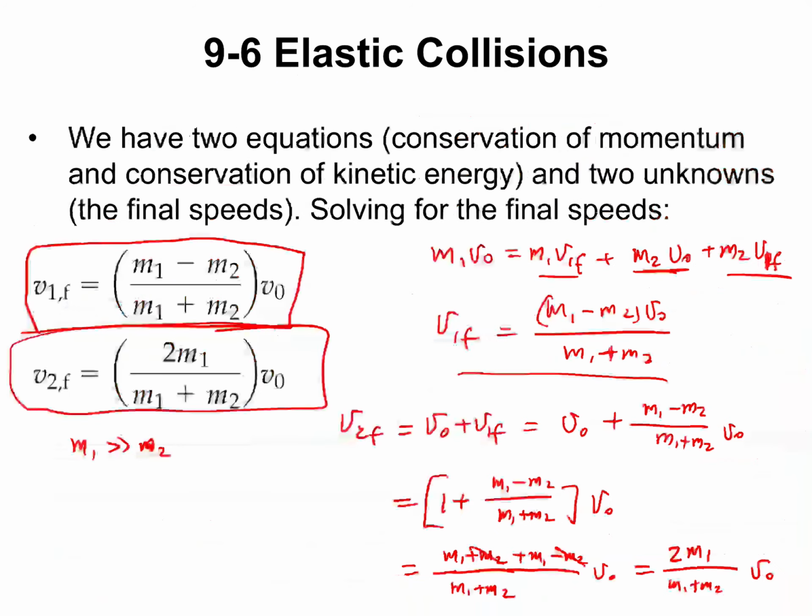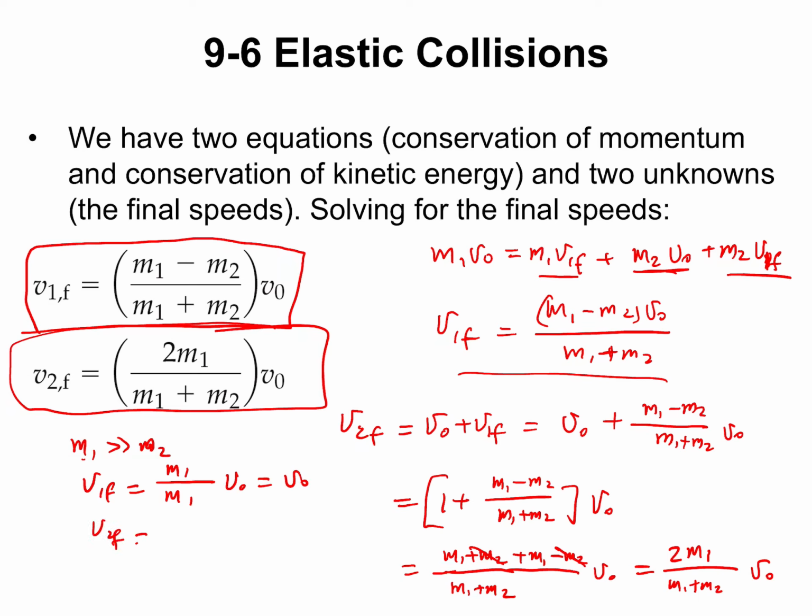So we come back to here. If m1 is much bigger than m2, then v1f is almost m1 over m1 times v0, because you can basically ignore m2 as it is so small. So this is v0.